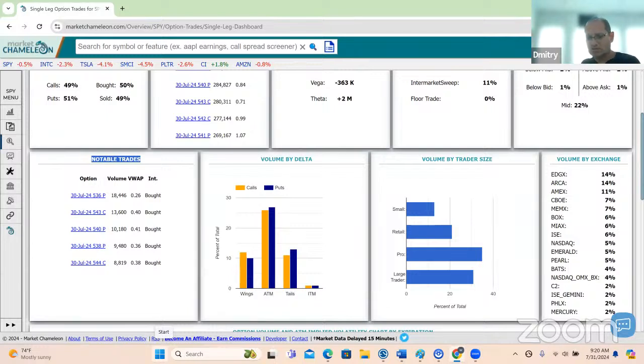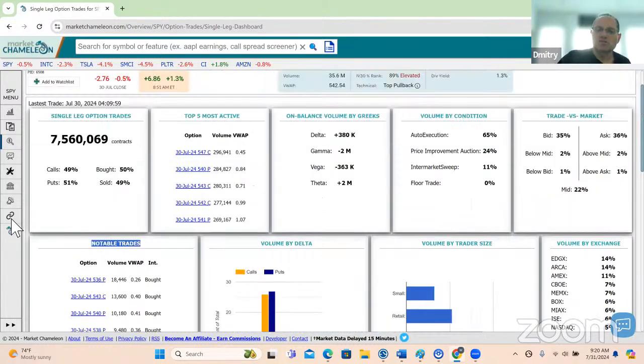So the difference there is here we have the options that are the most active. When we talk about most active, that's all the volume in that option aggregated throughout the day. You could have a trade at 9:30, 9:35, 9:40, 9:50, and so on throughout the day.